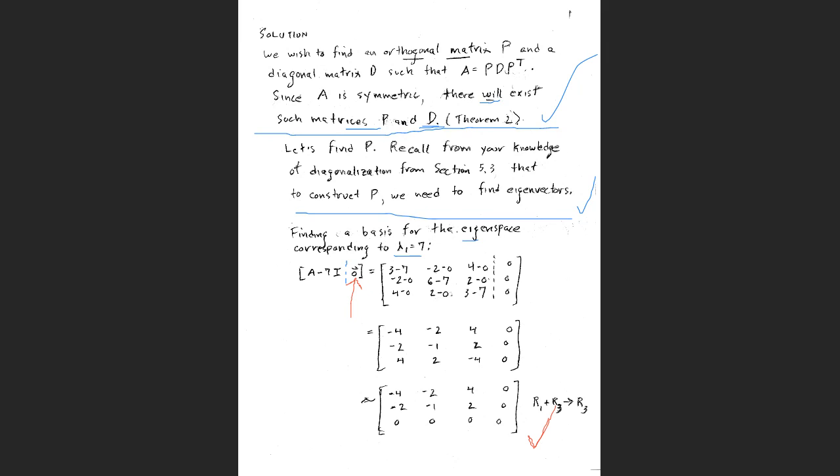All we're doing is finding a basis for the eigenspace corresponding to lambda 1 equals 7, which you've done many times. Let me know when you're ready to move to the next page.